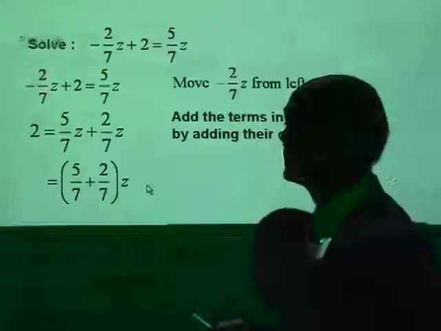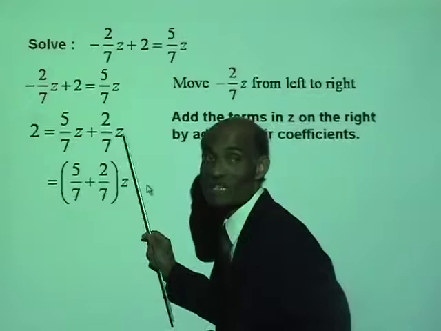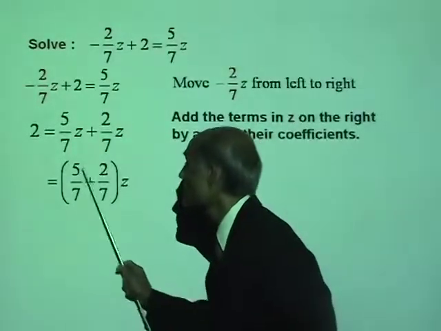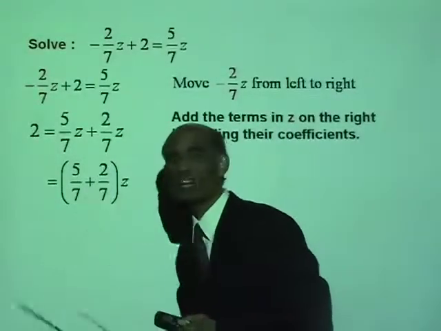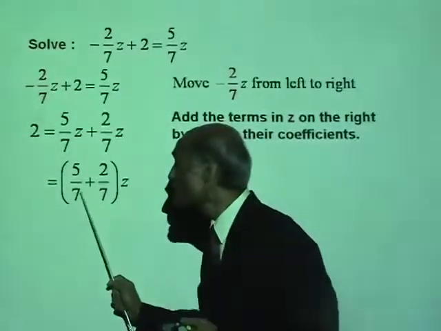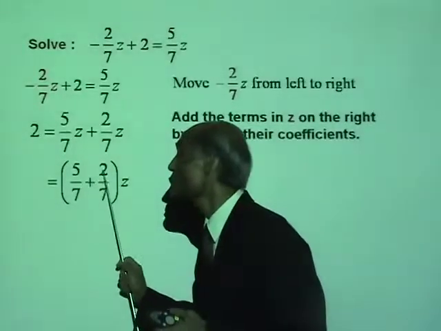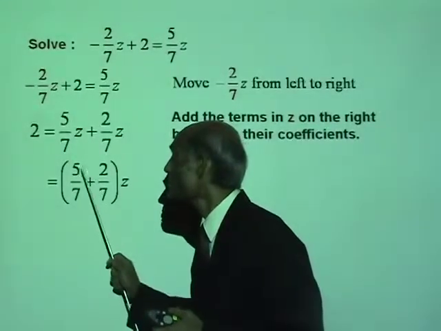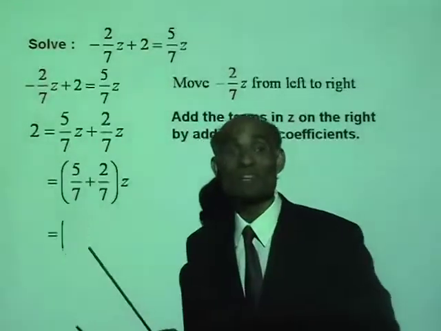So we now have 5 over 7z plus 2 over 7z is 5 over 7 plus 2 over 7, z. Well, how many of you can tell me this? What is 5 over 7 plus 2 over 7? The denominators are the same. That means you simply add the numerators. 5 over 7 plus 2 over 7 is simply 5 plus 2 over 7, which is 7 over 7.